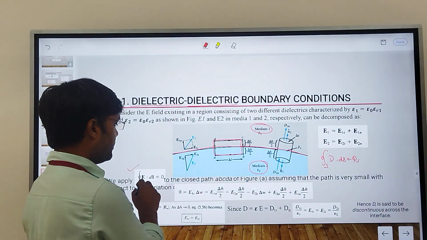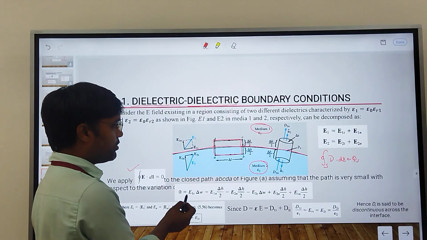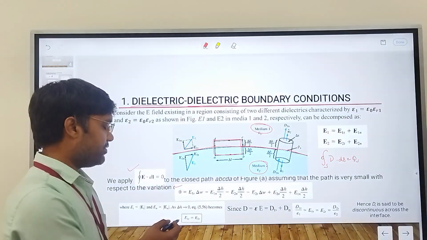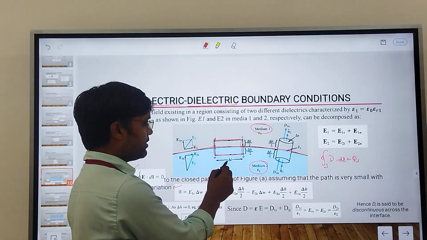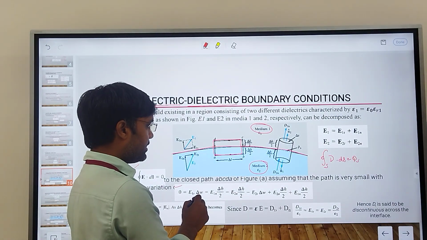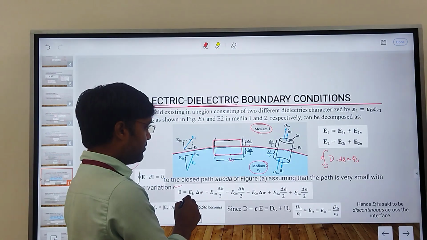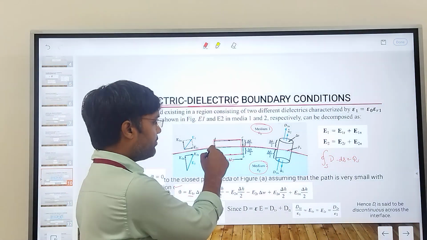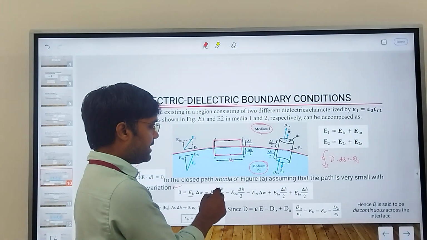Here we apply E dot dl equal to 0 on the path A, B, C, D. From path A to B, the length is delta w, and the field is E1t, the tangential component of medium 1, minus E1n, the normal component, times delta h by 2.